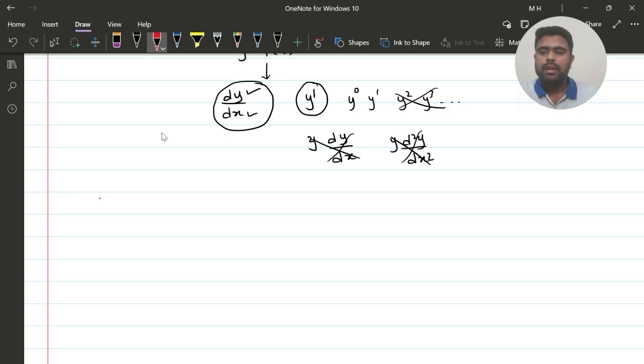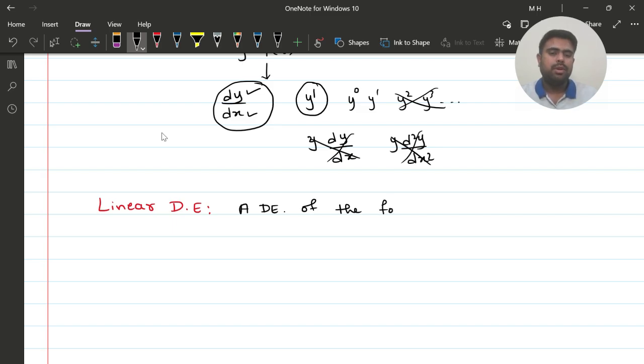So to define the linear differential equation in the textbook form, a differential equation of the form dy by dx plus Py equal to capital Q is called a linear differential equation.